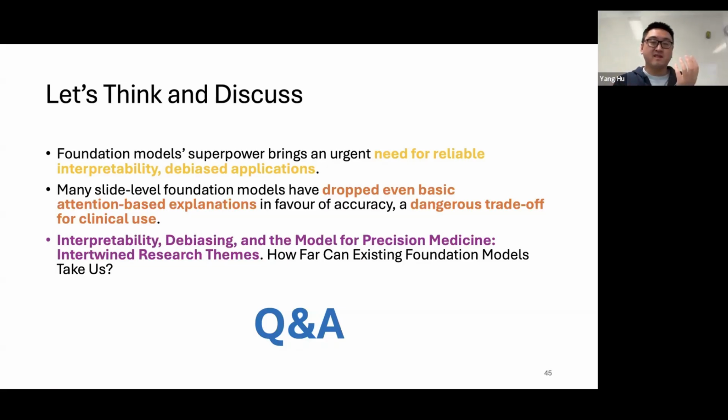How far can existing foundation models take us toward our target of interpretability and debiasing, and also good clinical use? So I would like to end here and discuss if you have questions. Thank you.